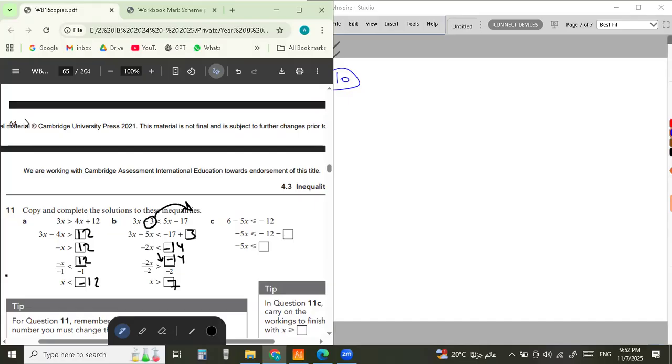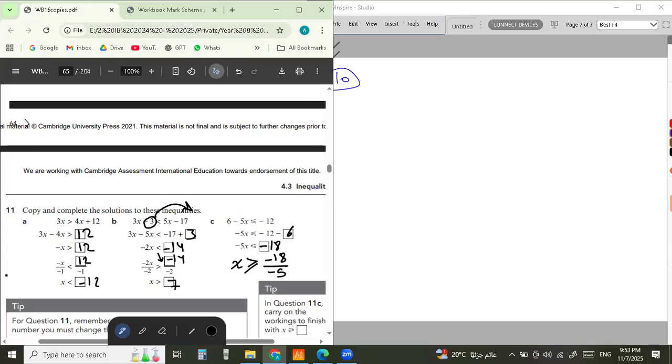6 goes there, -6. So -12 minus 6 is negative what? 18. Solve the inequality. So x is greater than or equal to what? -18 divided by -5. I switched the inequality in order to divide by a negative.